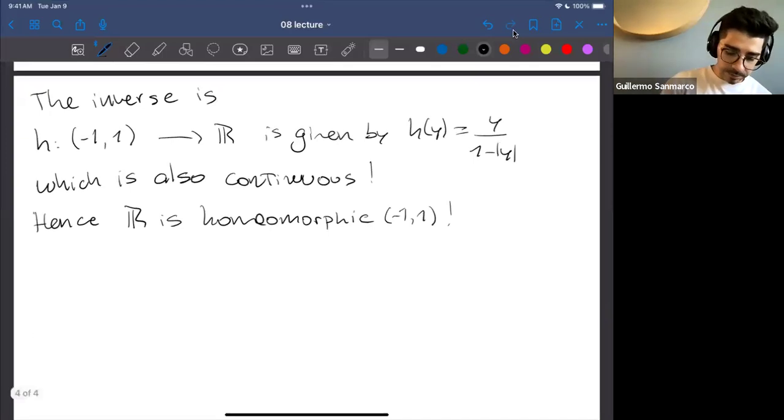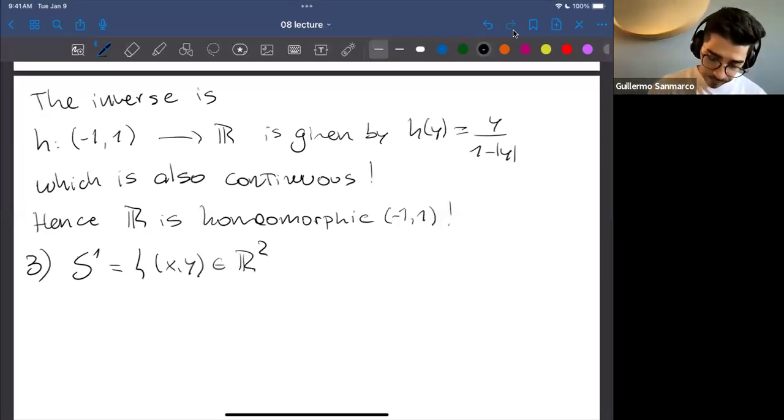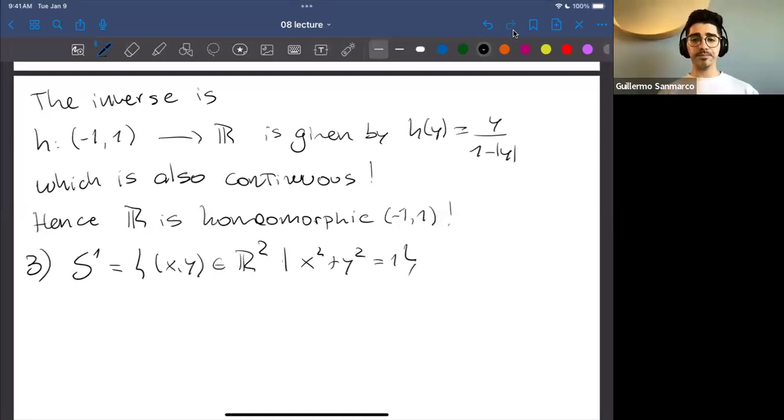Okay, third example. Maybe let me first introduce the spaces I want to study now. So S1 is going to be the points in R2 where x squared plus y squared is 1. So this is the unit circle.